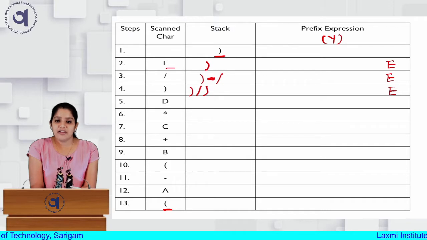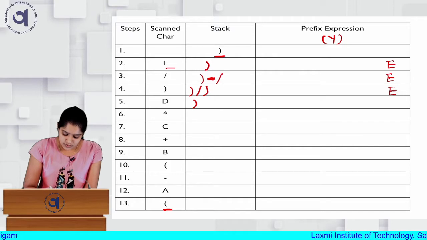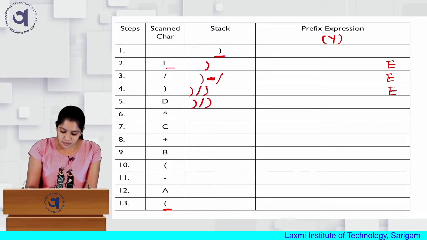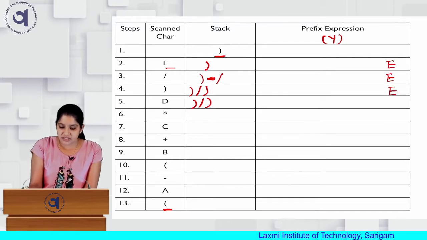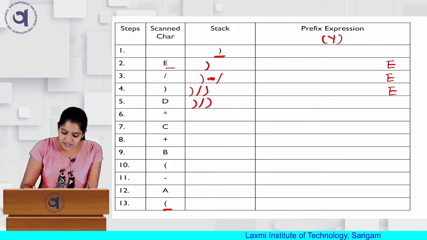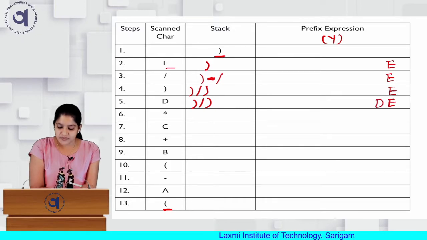Then next we have D. As you know, D is an operand, so we need to push it to the postfix expression. Usually in the postfix expression, whatever the next character is, we write after the available character, but here we are going to write it before the available character.